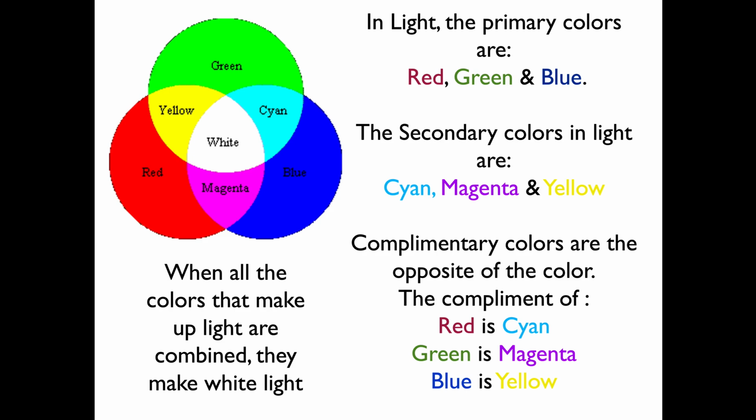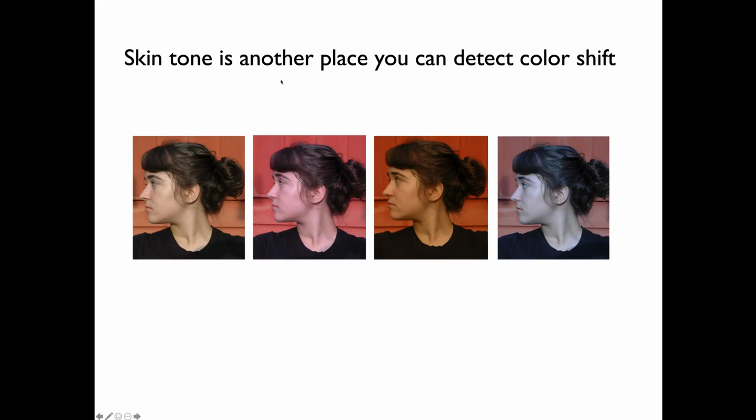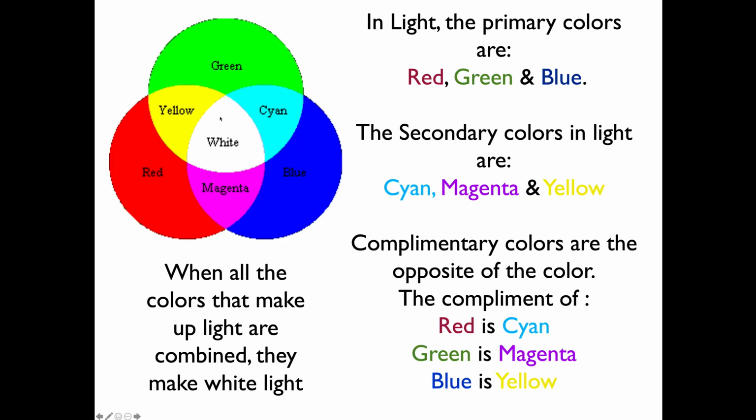The secondary colors when we're talking about light are cyan, magenta, and yellow. When we put all those colors together in light, we actually get white. It's kind of a weird thing that happens with light. If you put all those colors together in paint, you would probably get a darker brown color.